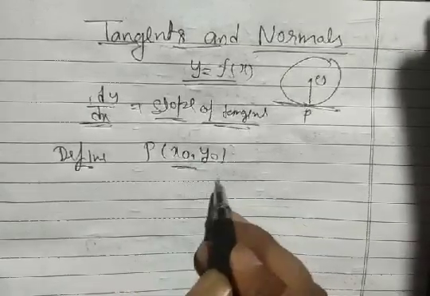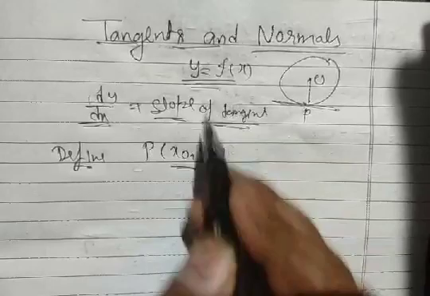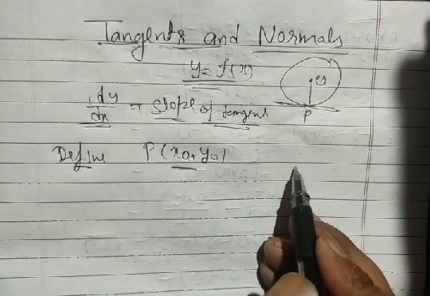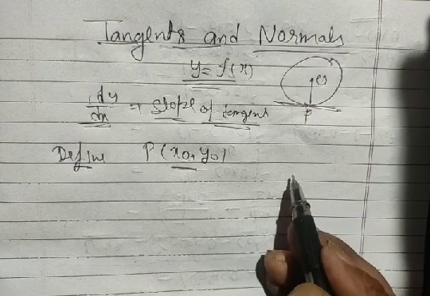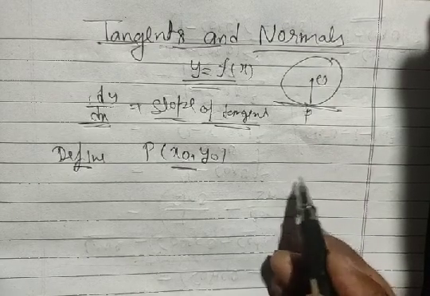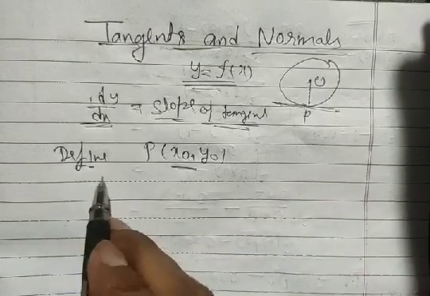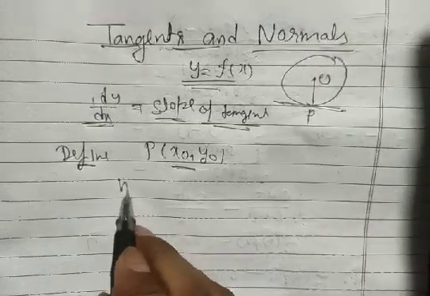If P(x0, y0) is a point on the graph of the function y equal to f(x), then the tangent line to the graph at P is defined to be the line through P with slope m, where m is equal to tan theta.